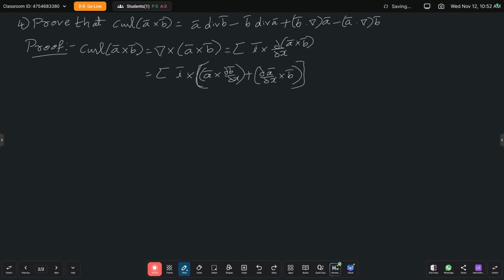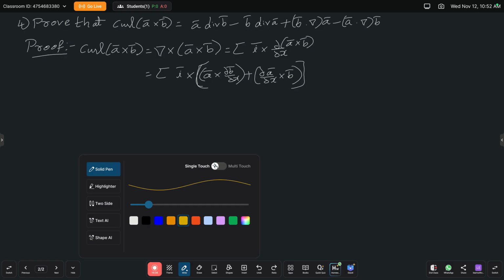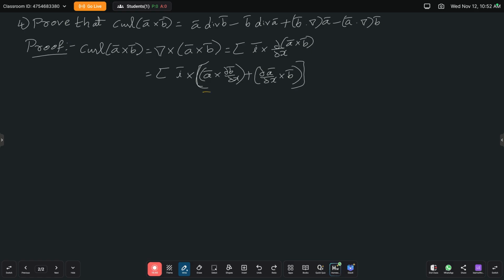Now here I am going to write: A bar is a vector, dou B bar by dou x is a vector. Cross product of these two vectors is a vector. So assuming this as F bar, I bar cross, so the first term treated as F bar, plus the second term: dou A bar by dou x is a vector, B bar is a vector, cross product of two vectors is a vector, so treating this as G bar.